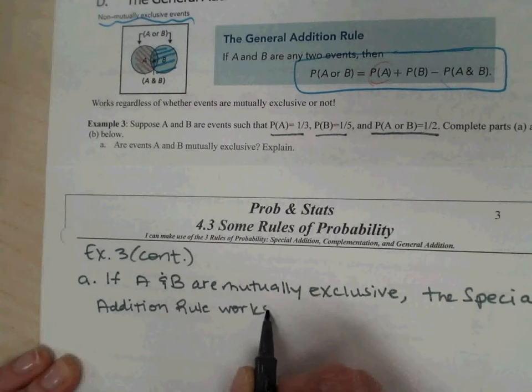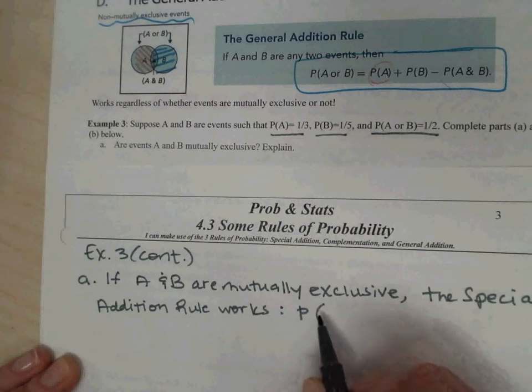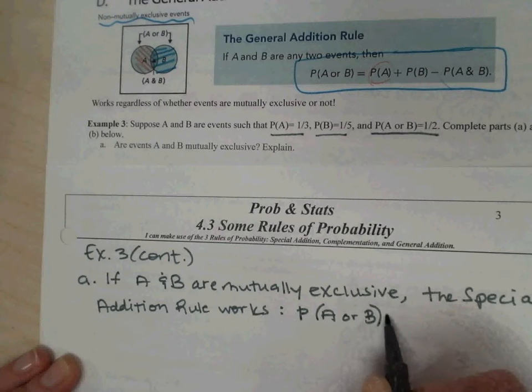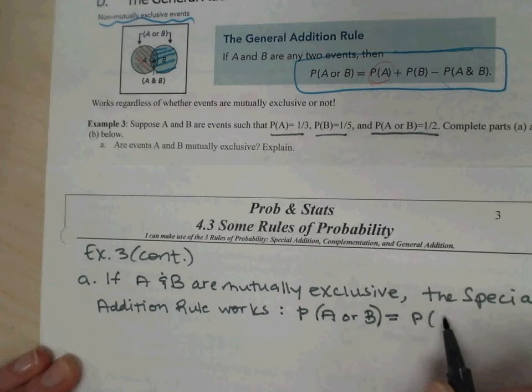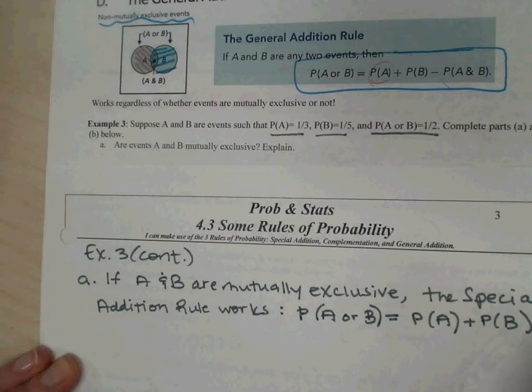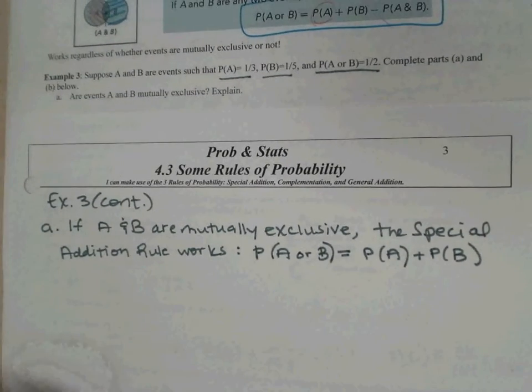That is, the probability of A or B equals the probability of A plus the probability of B. In the question, we're given the probability of A, probability of B, and the probability of A or B, so we're just doing simple substitution here.